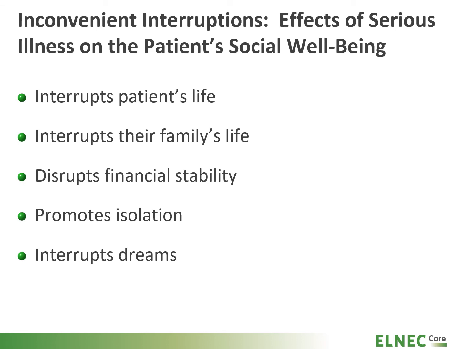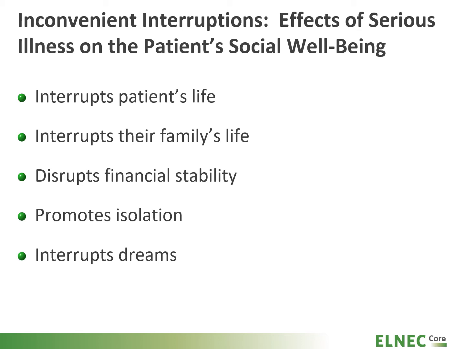So illness is incredibly inconvenient. It is very disruptive, and in that inconvenience and disruption, there are different forms and aspects of loss. An interruption to a patient's life is a loss of routine, a loss of daily activity, perhaps a loss of functionality, a loss of independence, a loss of role, even a loss of identity can occur.